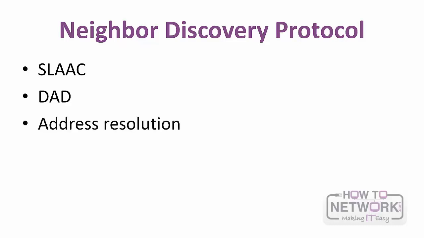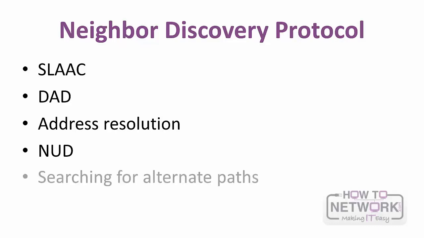Address resolution, to determine the Layer 2 data link address of a device on its network when it recognizes the destination IPv6 address. Neighbor unreachability detection, to keep track of which neighbors are reachable and which are not. Searching for alternate paths. When a router or the path to a router fails, a host actively searches for functioning alternatives.